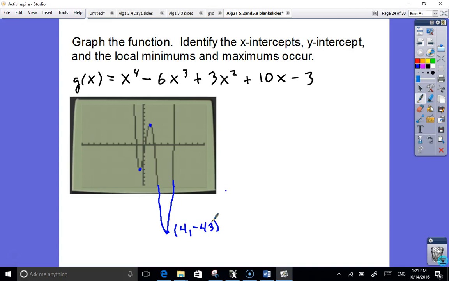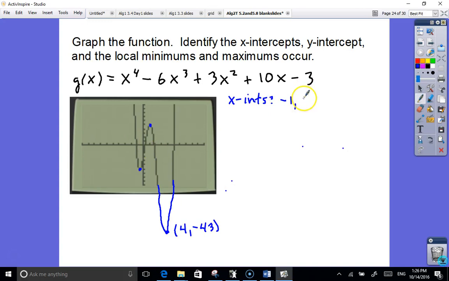Okay, so now based on that, let's identify the x-intercepts, the y-intercept, the local maximums and minimums. How many x-intercepts do we see? 4, right? So x-ints. Let's estimate. Maybe negative 1. How about the next one? It's not 0.